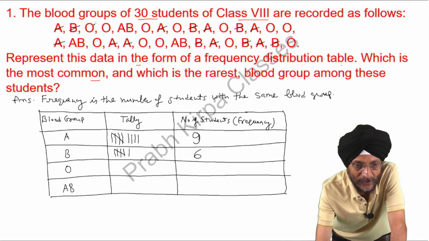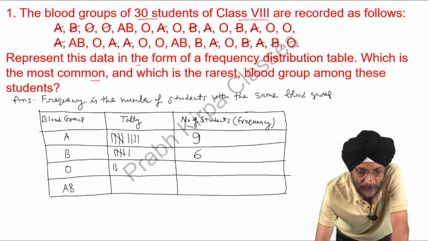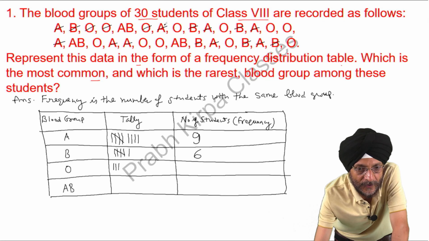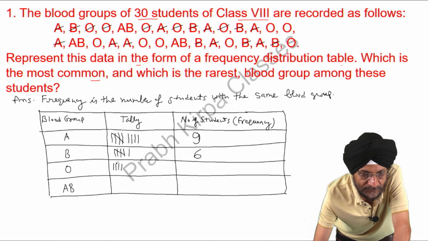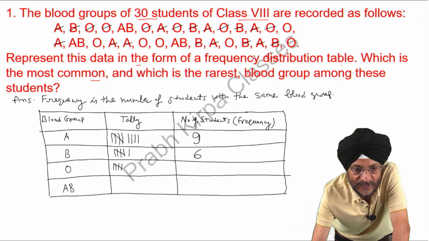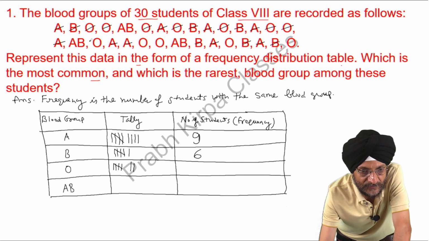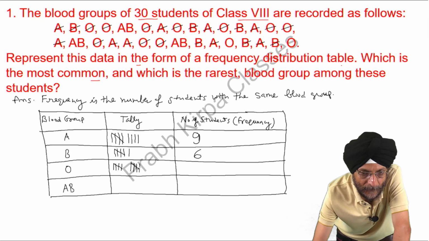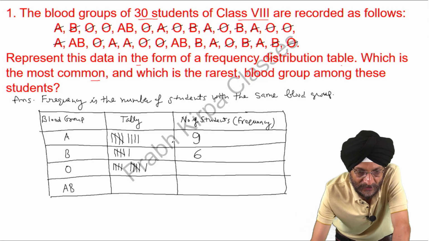Next, O blood group: 1, 2, 3, 4, 5, 6, 7, 8, 9, 10, 11, 12.